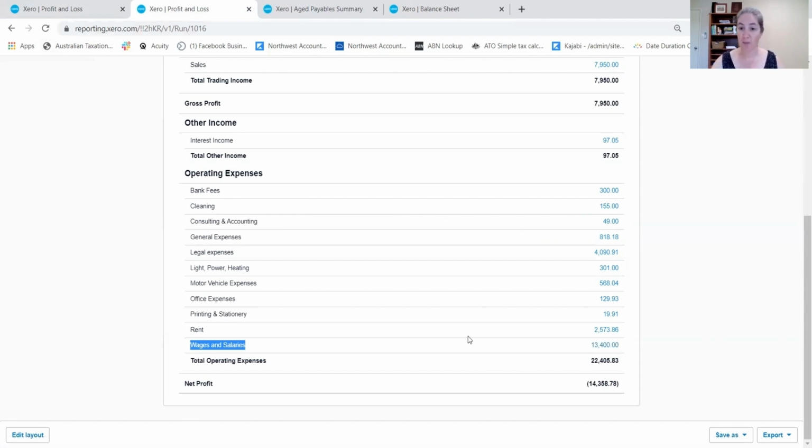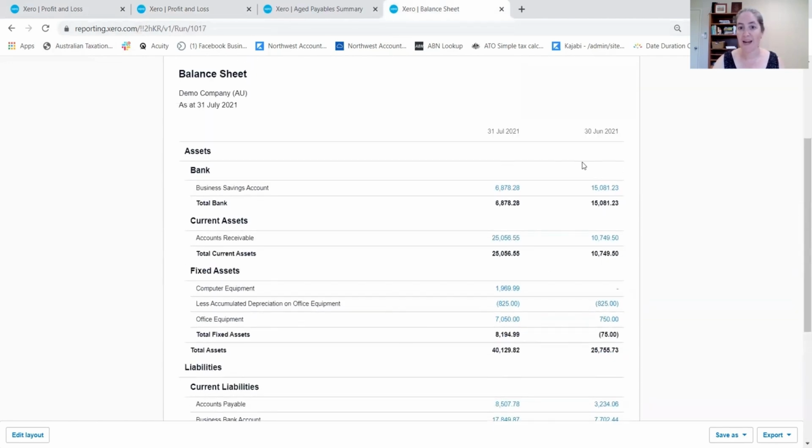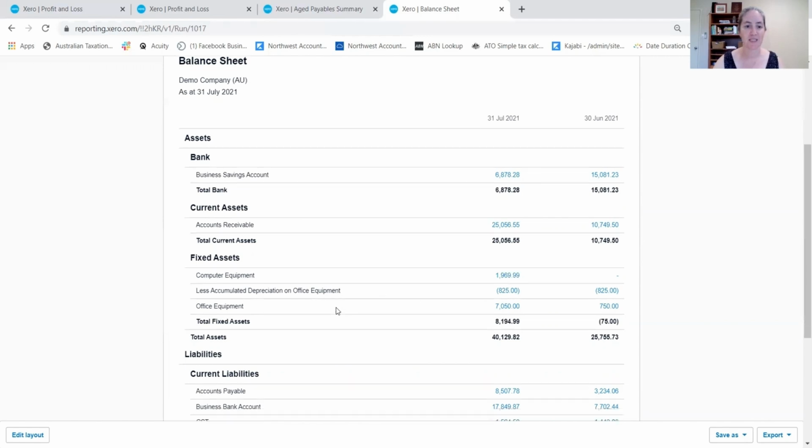So when you do make a profit, this one here hasn't, but when you do, then there's three things that you might do with it. You can accumulate assets, whether that's increasing cash or increasing or decreasing your accounts receivable and fixed assets, so you're buying things in the business.